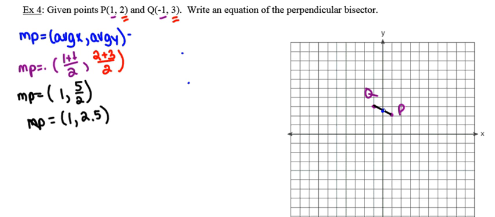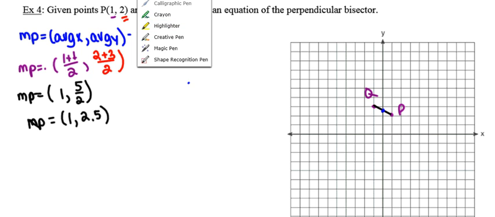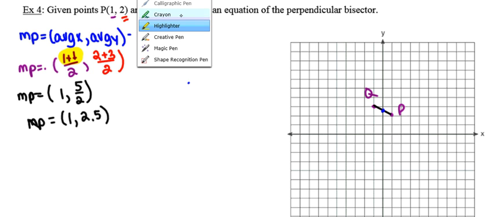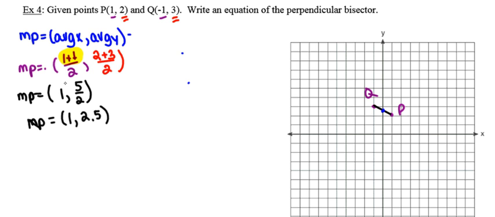I thought that the midpoint was going to be 0, 2.5. And where did I make my mistake? If I go back up here and look, that was a -1. So 1 plus -1 is in fact 0. And 0 divided by 2 is going to be a 0. So this should be a 0. I'm glad I looked at my graph to verify and to check.